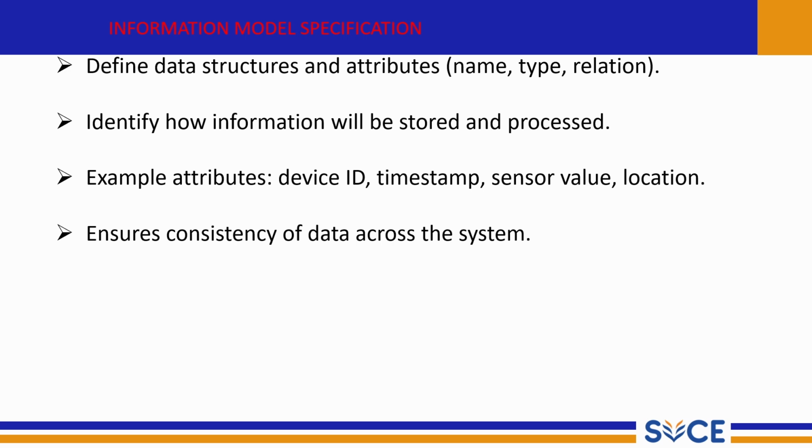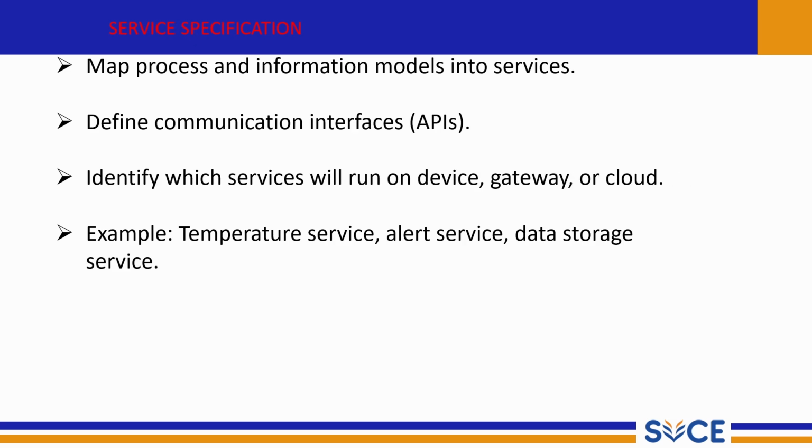For example, the attributes are device ID, timestamp, sensor value, and location. So it ensures the consistency of the data across the system. In the next slide, we will go through the service specifications.